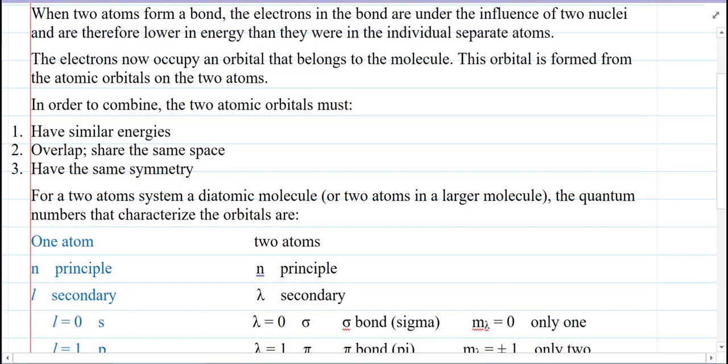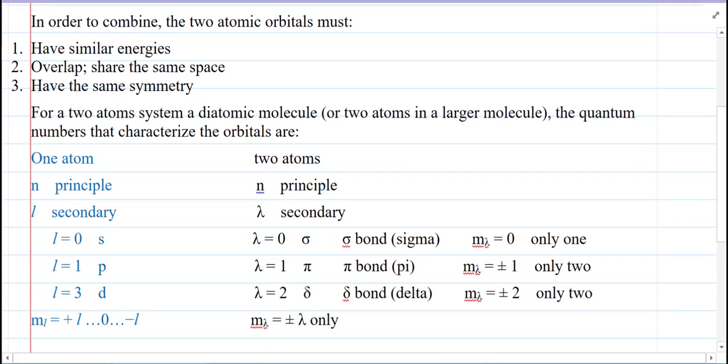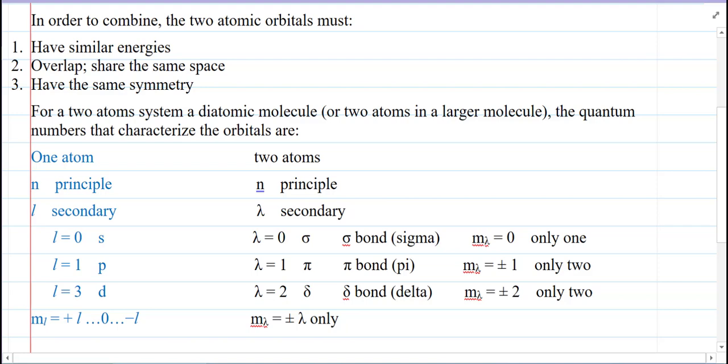The quantum numbers that characterize the orbitals are, in blue for one atom, a principal, a secondary, and m sub l, from negative l to positive l. Once we get to two atoms or more, still principal energy level, now we have a secondary, they call it lambda, and we get these new shapes: sigma, pi, delta. Sigma, pi, delta.